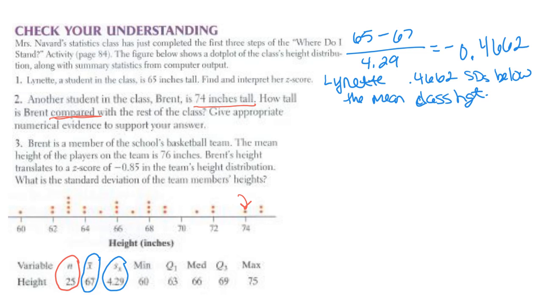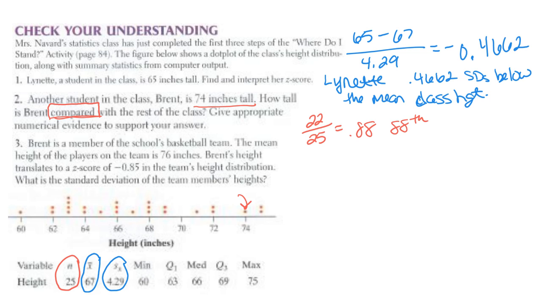So we could find his percentile. 22 out of 25, or 22 people, are shorter than Brent. So that would put him at about the 88th percentile, meaning that he is taller than 88% of his class. And that would allow you to do a comparison with the rest of his class.